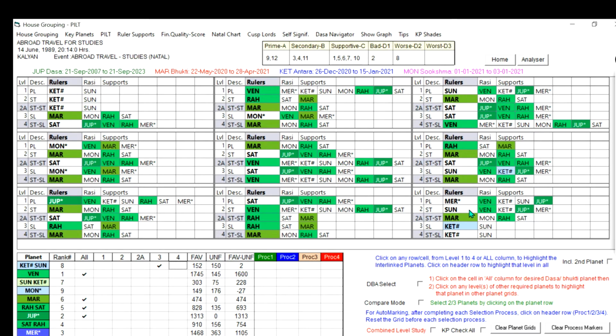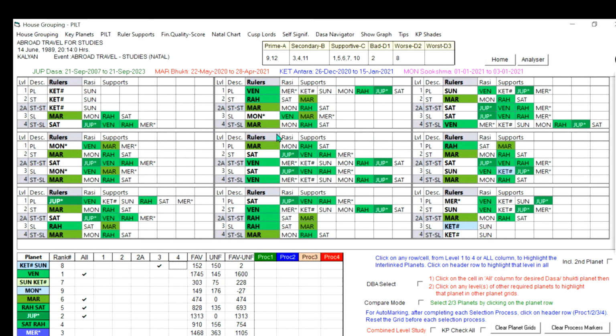Then Mercury is not like that, Ketu is not like that. Yes, Venus, you can see Venus, Rahu, Mars, 3 consequent levels it is having favorable key planets, and last level also. Here continuous for 4 levels, here 3 consequent levels, and last level.